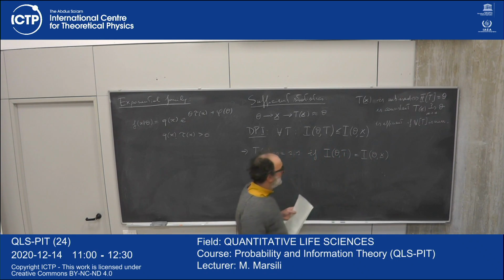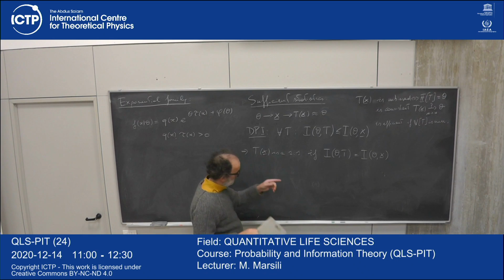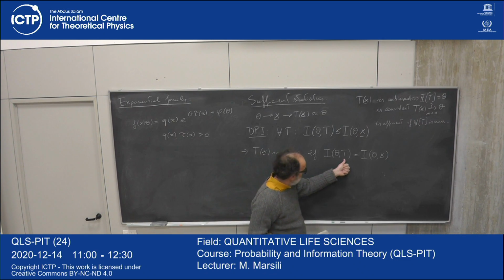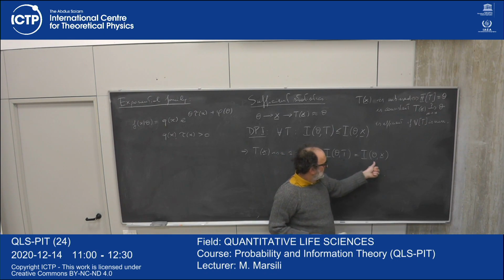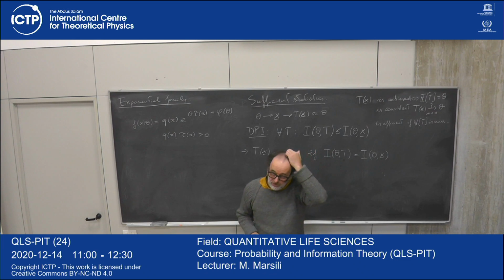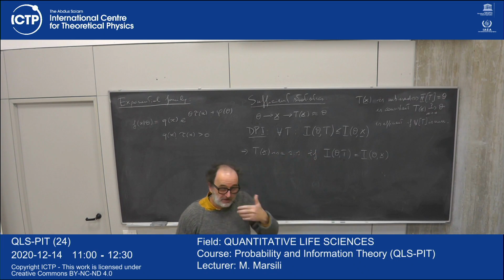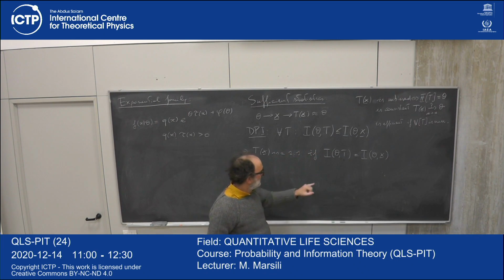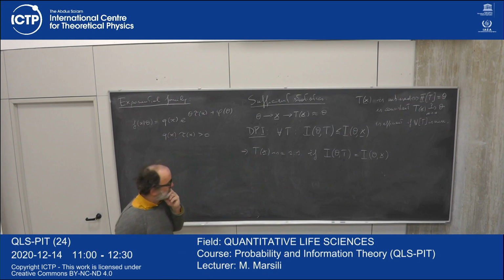Okay, so this tells you that essentially your estimator T contains all the information that the sample contains on theta. All the other information besides T of x that the sample contains is not informative about the value of this parameter theta.